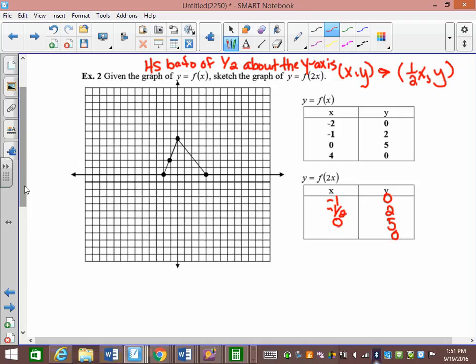And then 4 multiplied by a half is 2. So my new points are at -1 and 0, negative a half and 2. It's going to stay the same because I have 0 on the y. And then 2, 0.